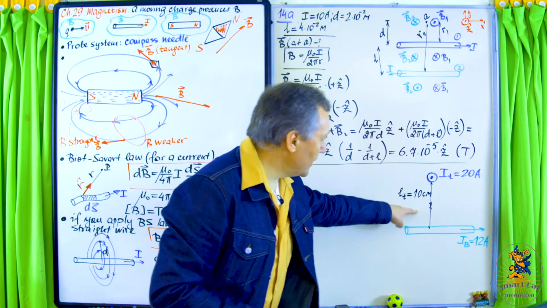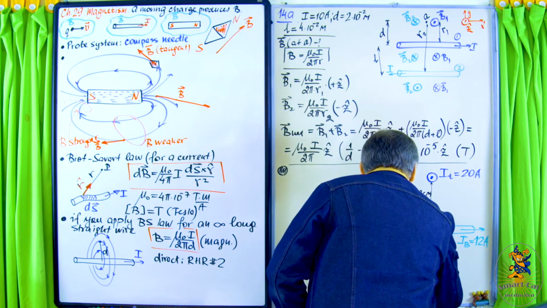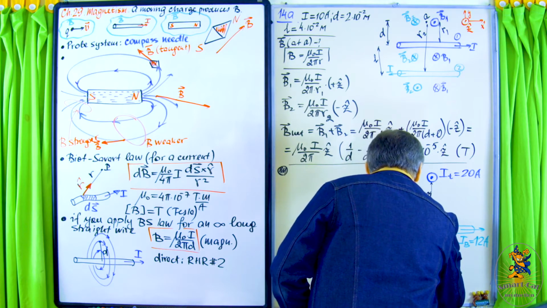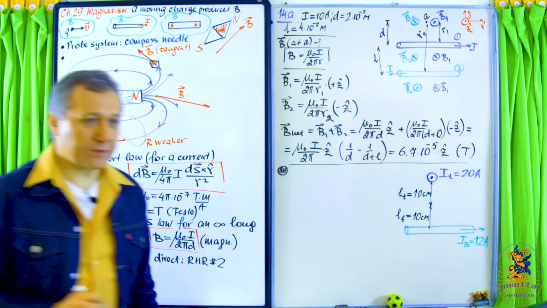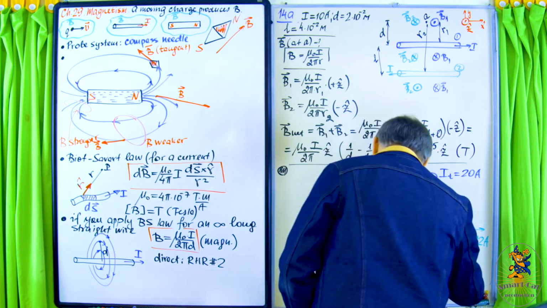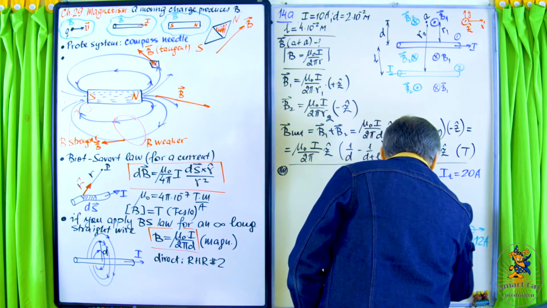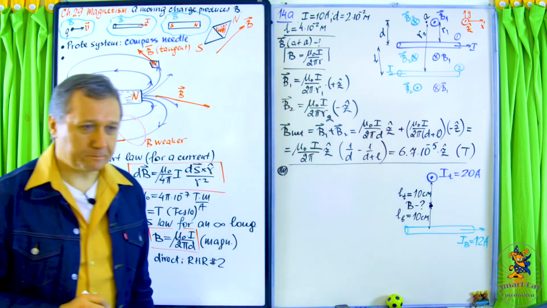And the same distance from the bottom wire. So let me write L sub B. B stands for bottom, 10 centimeters, right? So basically, that's what is given, and we need to find the magnetic field. Let me put a big dot, so we need to find the magnetic field at that point.